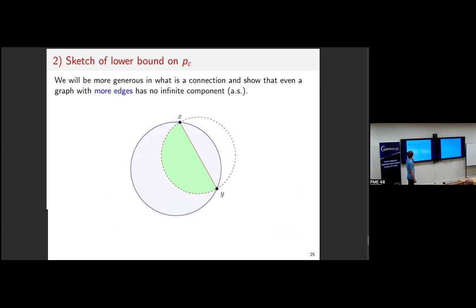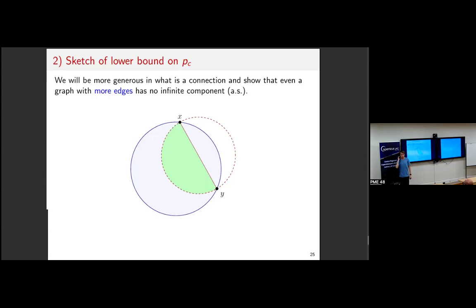So you have a picture where x and y are here, and then you have this Delaunay ball here. The problem is that this Delaunay ball could be arbitrarily big, and this would be very annoying to work with. But what you can do is look at the Gabriel ball, which is here in red. You observe that in the Gabriel ball there's always a half space that is inside the Delaunay ball.